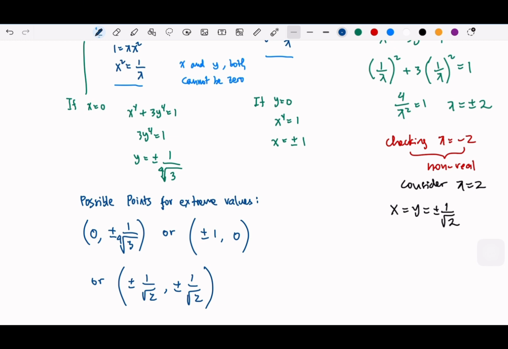We split this plus minus, all the possibilities. So plus, minus, minus, plus, plus, plus, minus, minus. So 4 points.